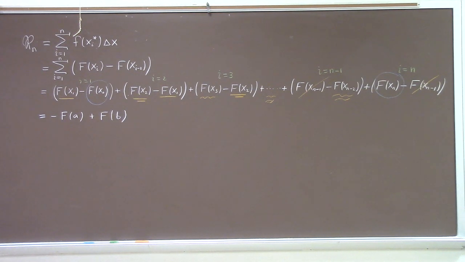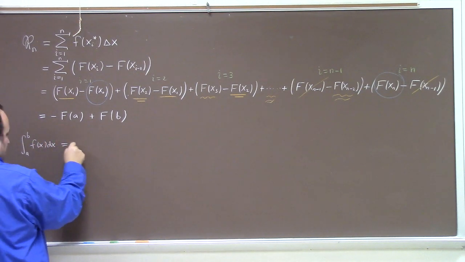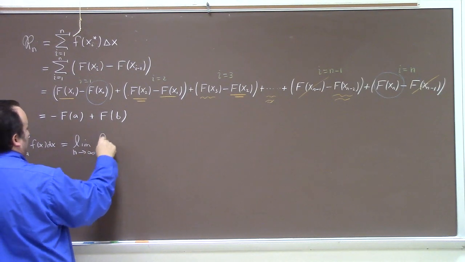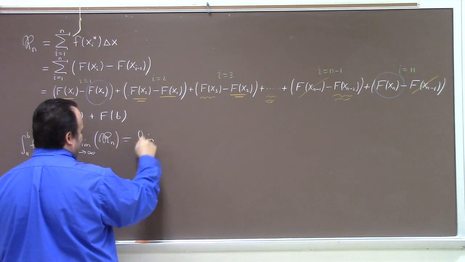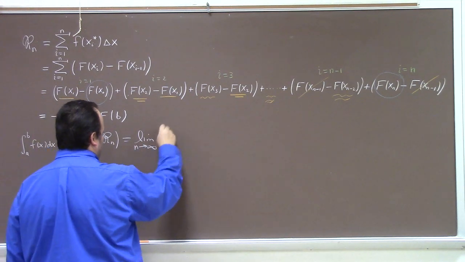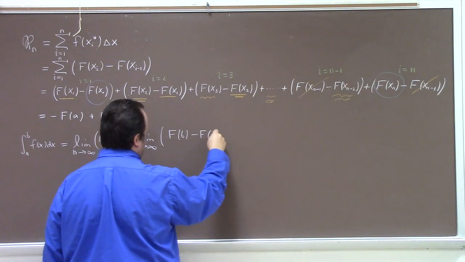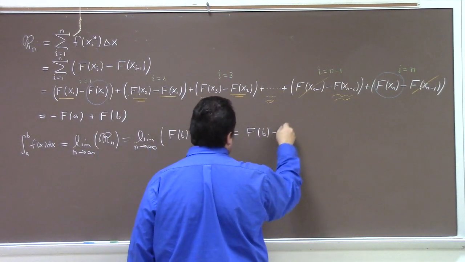So of course, if we take the integral from a to b of f of x dx, the limit as n goes to infinity of the Riemann sum, well, this limit's kind of easy to take, you know. It's f of b minus f of a by my calculation, right? So it's f of b minus f of a.